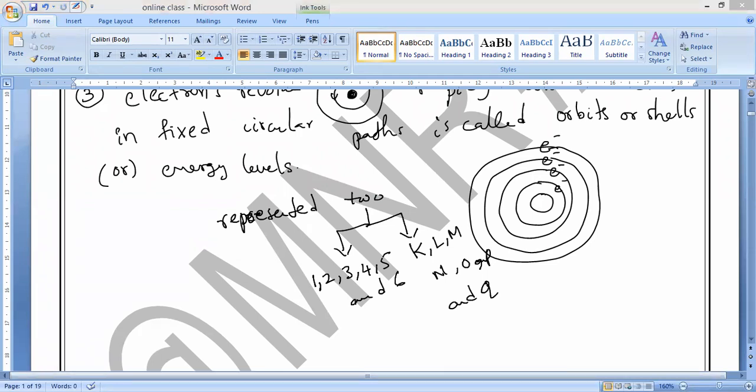Either we can represent with 1, 2, 3, 4, 5, 6, or with K, L, M, N, O, P and Q. Q does not exist till now. So what are the known elements to humans? It ends with the P shell at maximum. So K, L, M, N, O, P are the energy shells which we need to know.